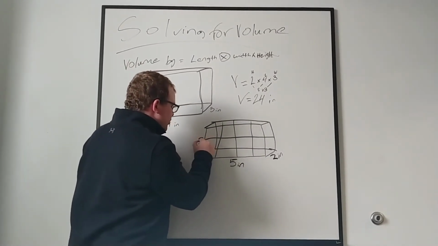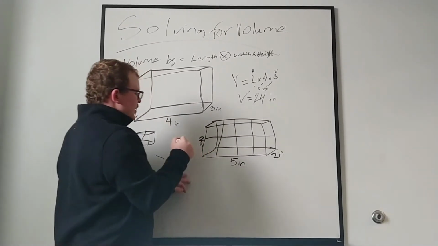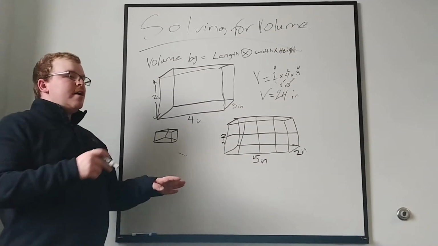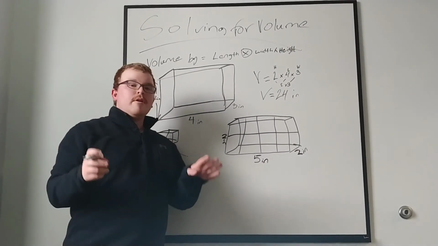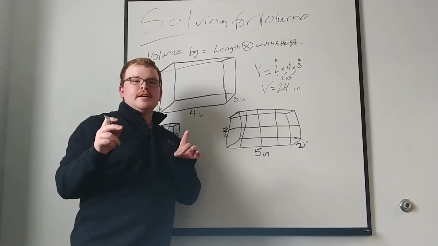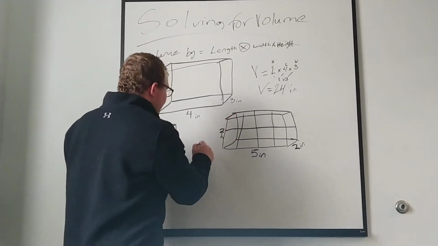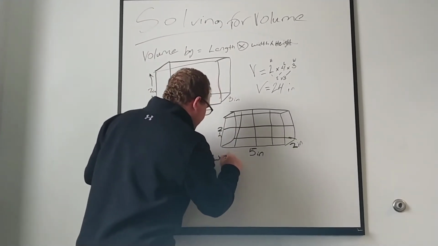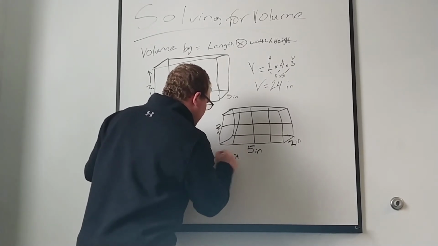So it would be 2 inches. And we had to multiply this. How are we going to multiply it? We're going to do length times width times height, okay? Length times width times height.